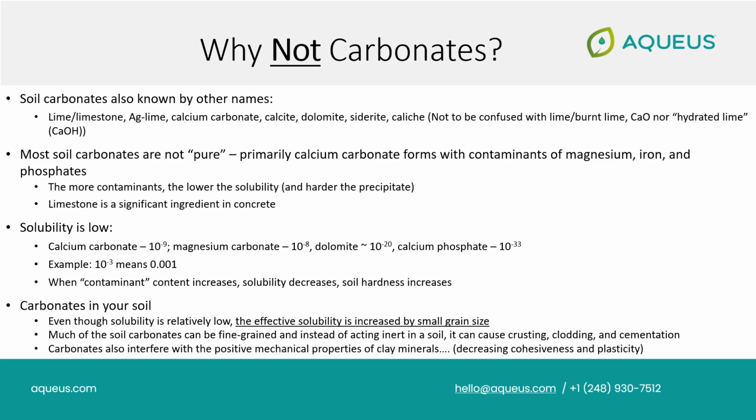Even though the relative solubility is low, the effective solubility can be increased by grain size, so carbonates can go in and out of solution. They can migrate, and they tend to recollect in areas with smaller pore sizes, like a compacted zone or a transition zone between profiles, an A and a B horizon, for example.